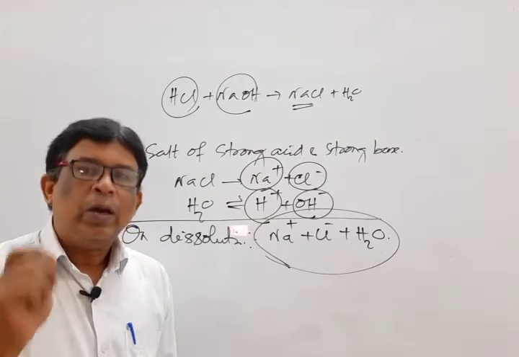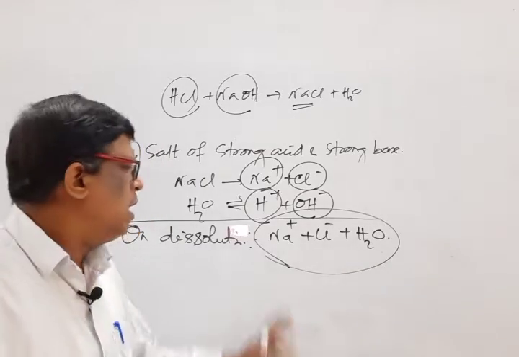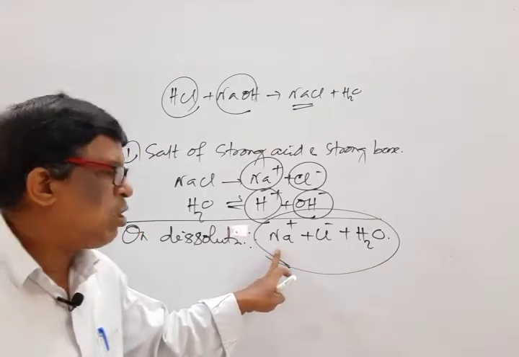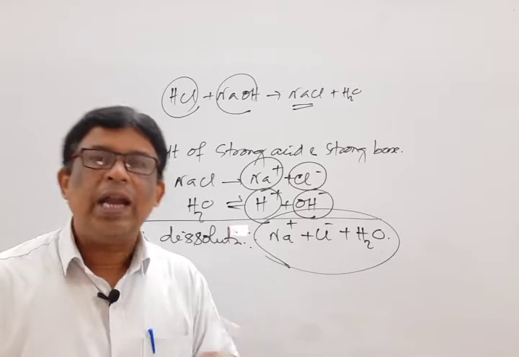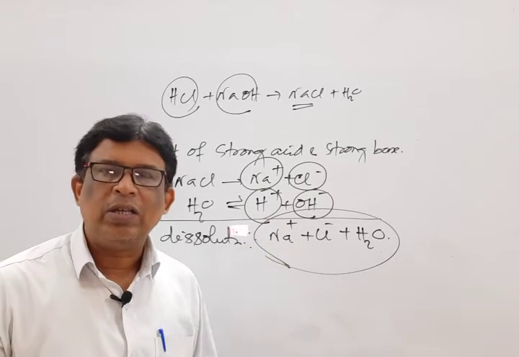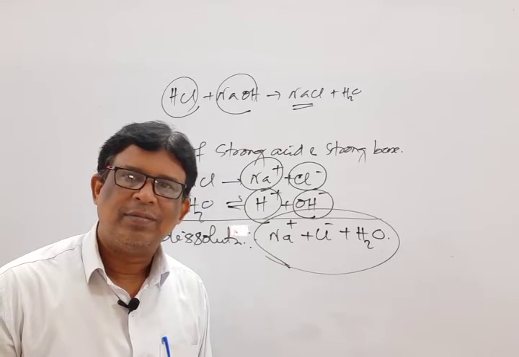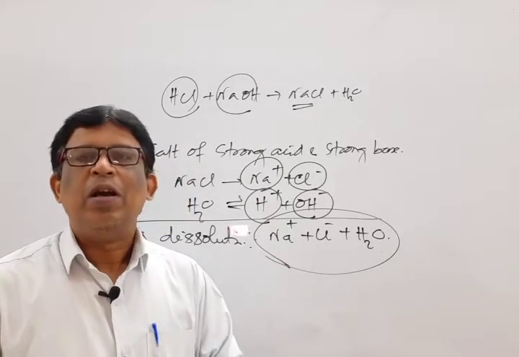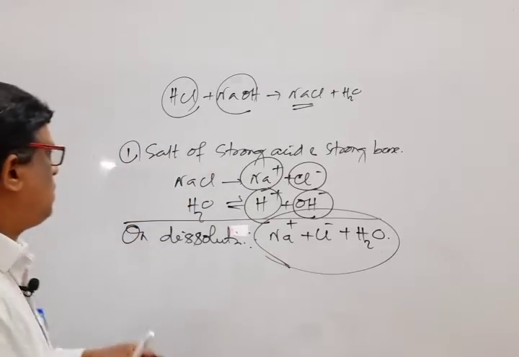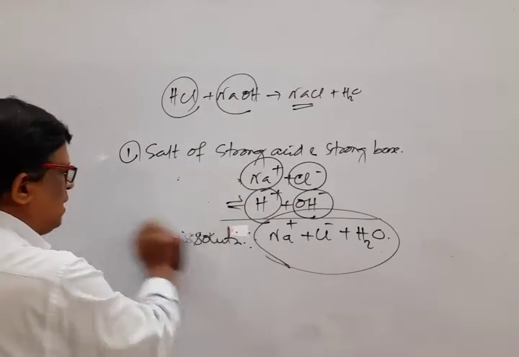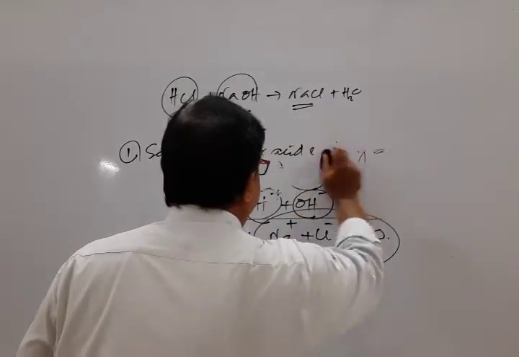And point 2, while predicting the nature, since there is an absence of free H+ ion and OH- ion, the resulting solution is neutral in nature. Okay, good. Move to case 2, that means salt of strong acid and weak base.